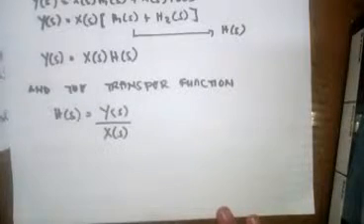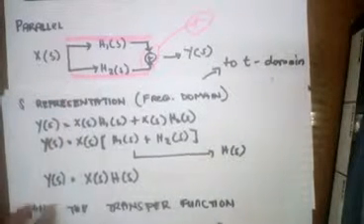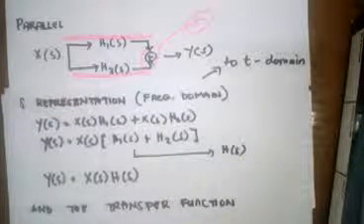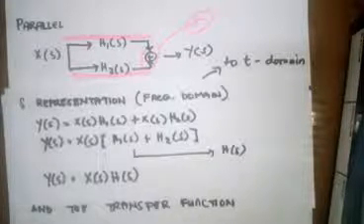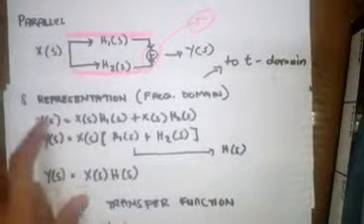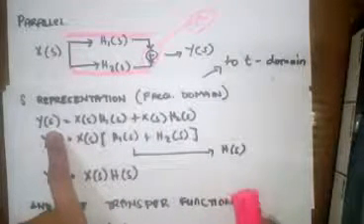And here we have the S representation, or the frequency domain, of this block diagram. Just like what we did in the convolution, the only difference is that the notation is in the frequency domain.